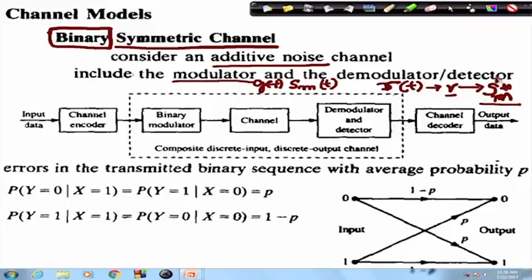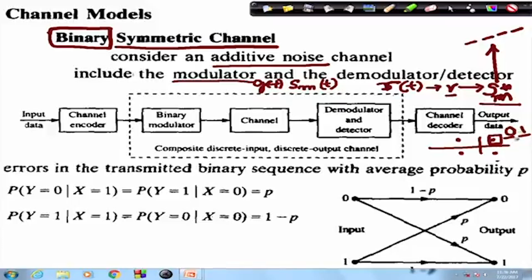So, once you detect the particular Sm, you can easily identify the k-bit sequence which maps to it. If this is your constellation and this is the detected symbol, definitely this symbol has a bit map which could be 0 1. So, the output of the detector is 0 1.